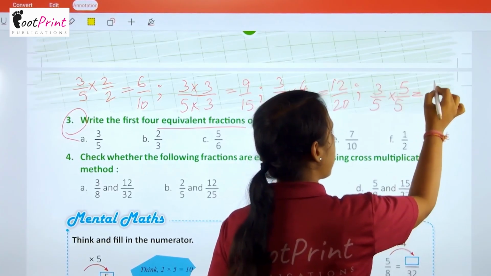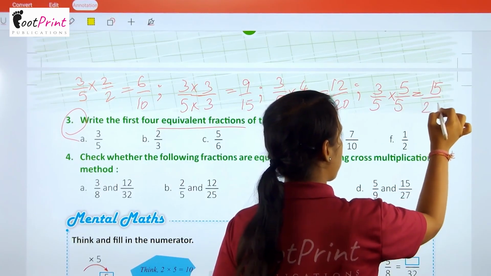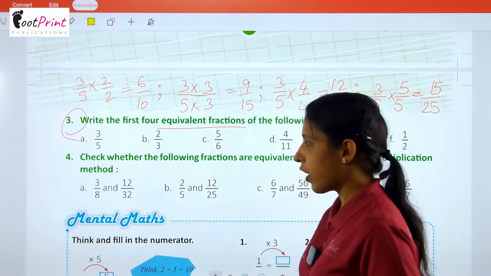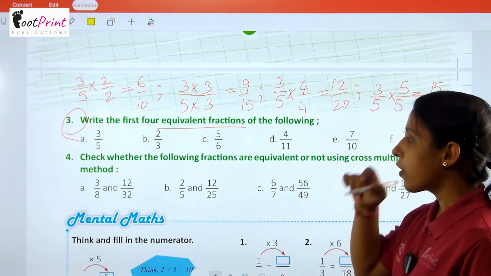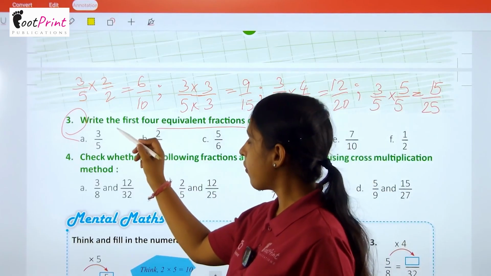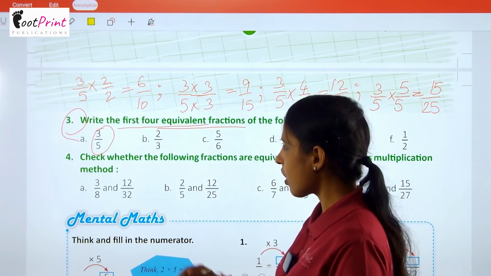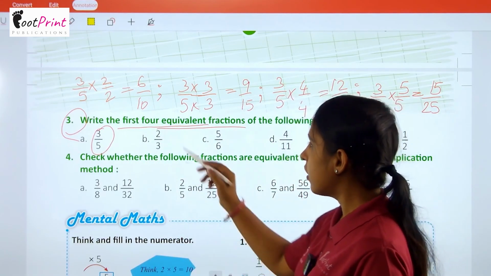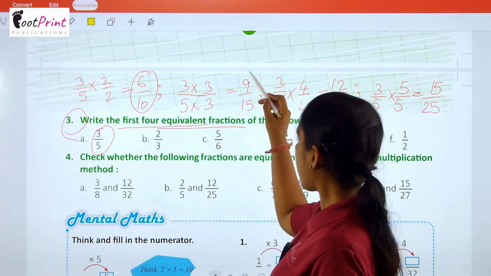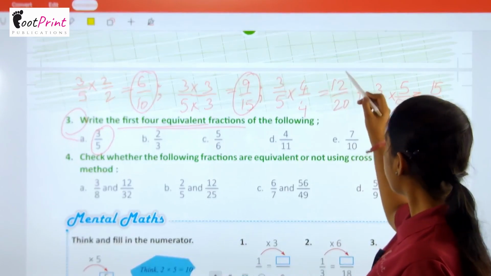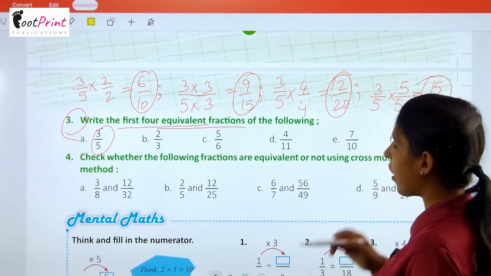So we get 3 fives are 15 and 5 fives are 25. Okay. So here we can see that the first four equivalent fractions of 3 by 5 are 6 by 10, 9 by 15, 12 by 20 and 15 by 25.